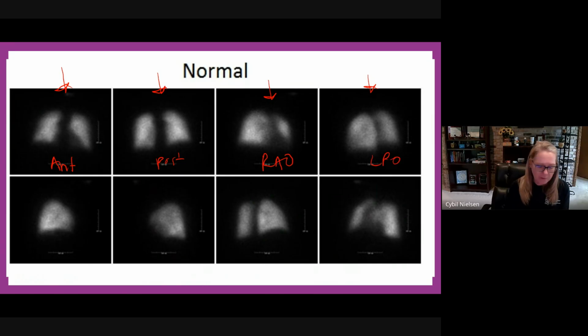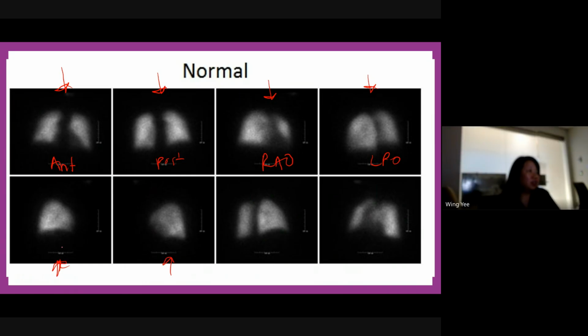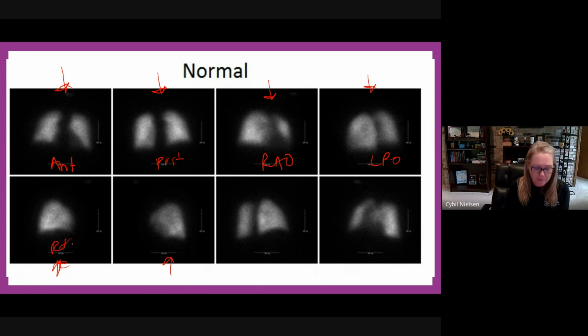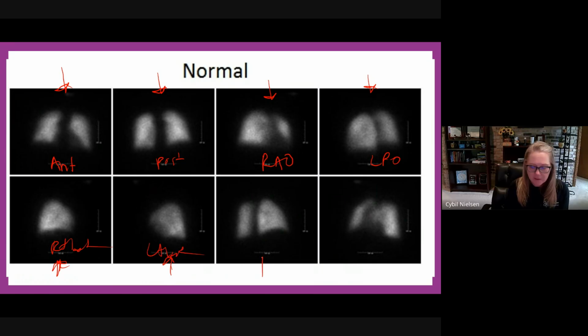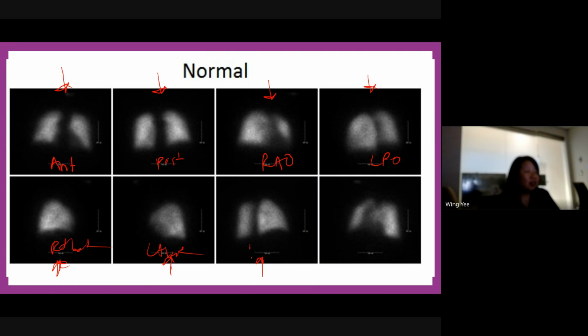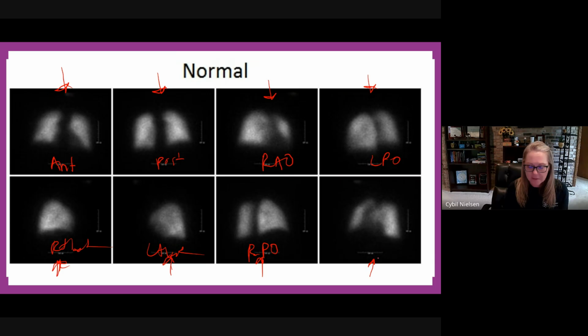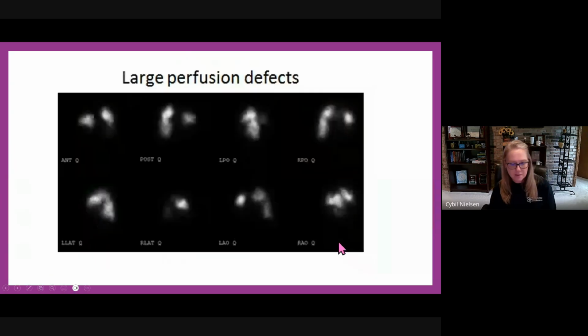LPO, very good. How about this one and this one? Let's do this one first. This is the right lateral. Yes. And then this one? It's the left lateral. Okay, and then this one? That will be the LAO, the right, right RPO. RPO, and then the last one? The LPO. LAO, because there's that. Yep, excellent. You're the first person I've worked with that got all those right.